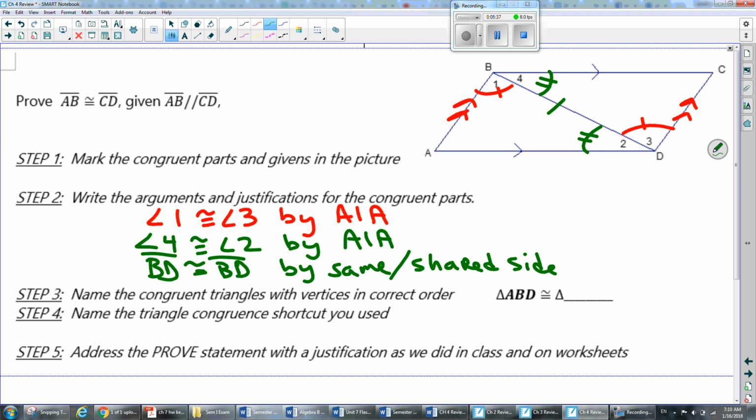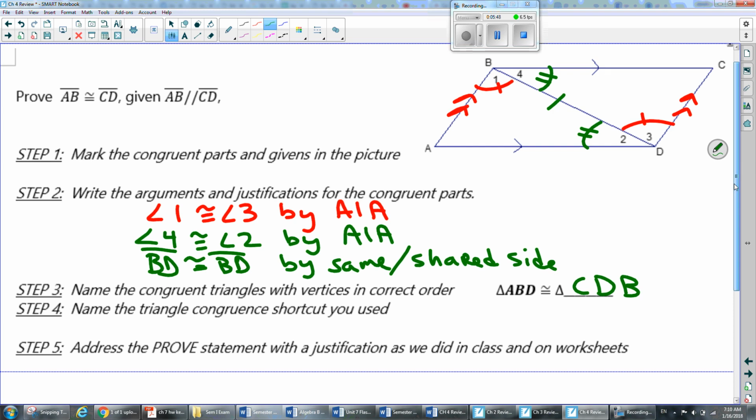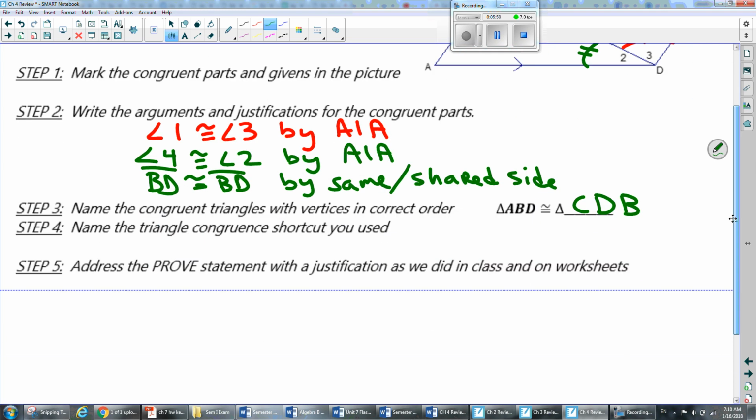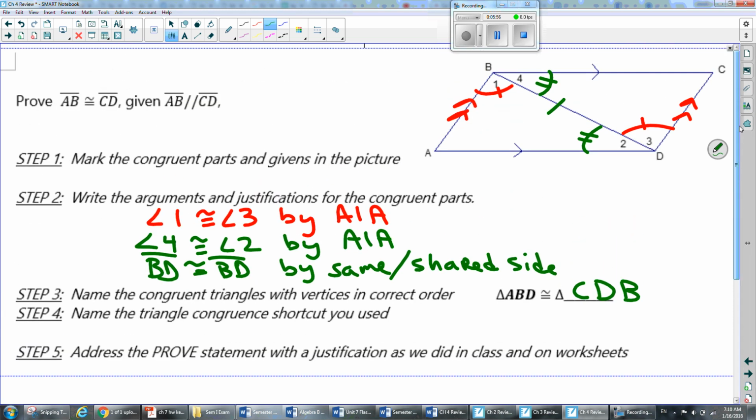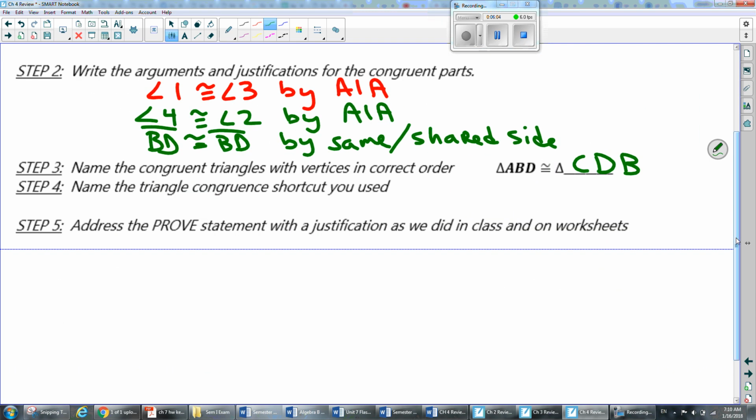So if we want to name the congruent triangles with vertices in the right order, they had triangle ABD. That would match with our triangle CDB. And we knew that because we had 3 things marked congruent. When we just look at one of those triangles, we have angle, side, angle. So that was the shortcut. Then we need to adjust the prove statement.